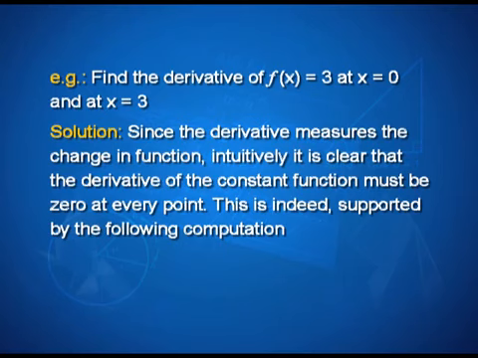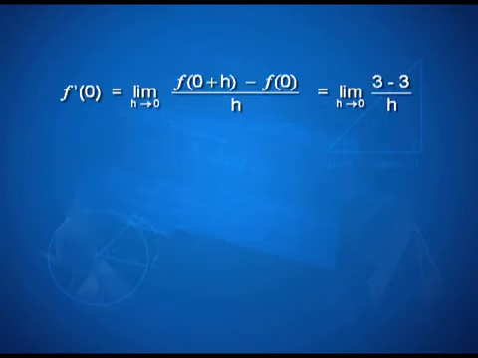This is indeed supported by the following computation. f dash 0 is equal to limit f of 0 plus h minus f of 0 divided by h as h tends to 0, can be simplified as limit 3 minus 3 upon h as h tends to 0, that is equal to limit 0 upon h as h tends to 0, that is obviously 0.